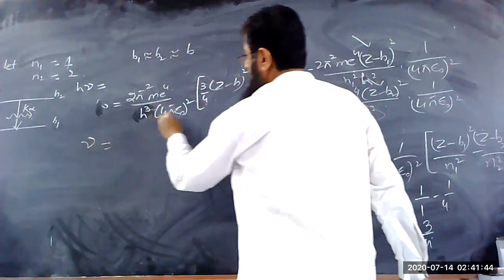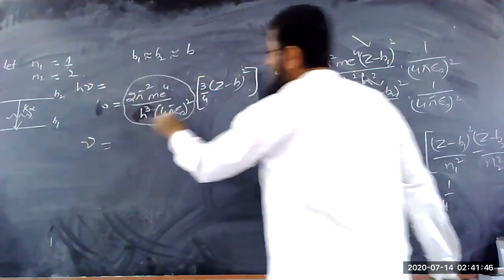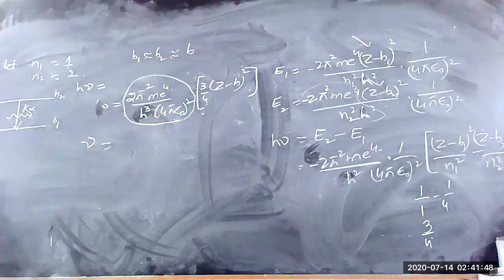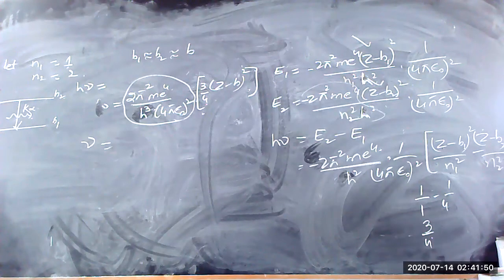Nu is equal to some constant factor here. This 2 is constant, pi square is constant, m e to the power 4 is constant, h cube is constant, 4 pi epsilon naught whole square is constant. So everything is constant, and the remaining term is 3 upon 4, Z minus B square.